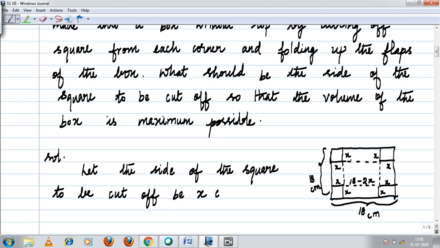The small square we consider as the side, be x centimeter, right?